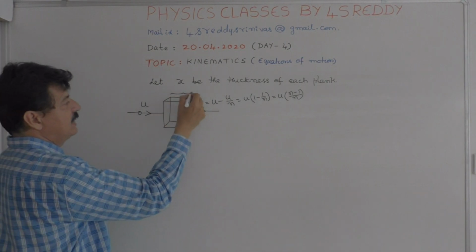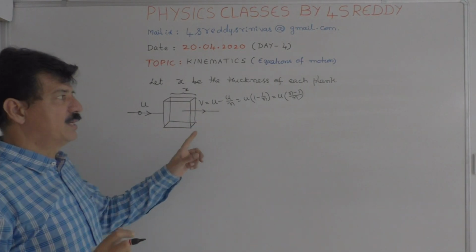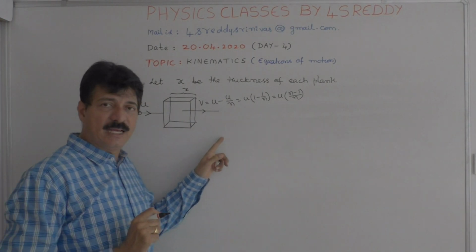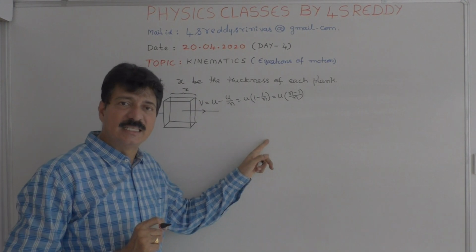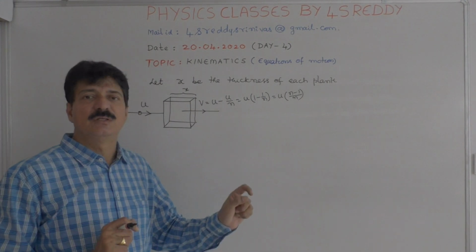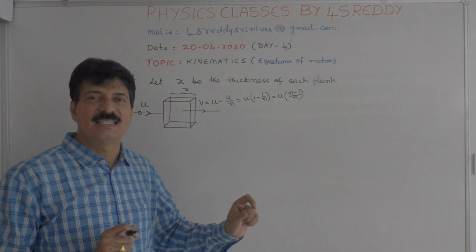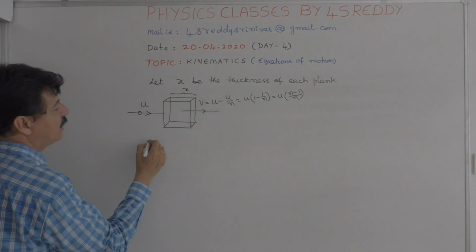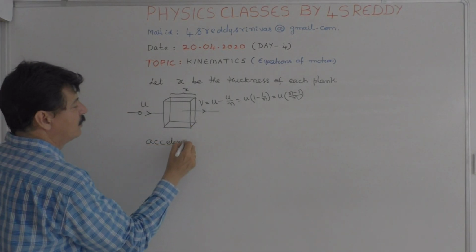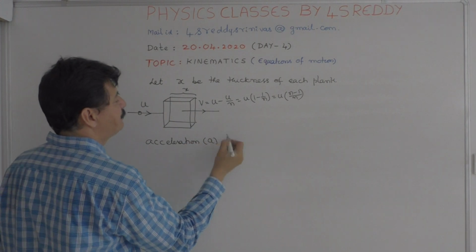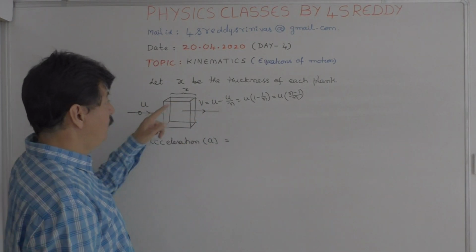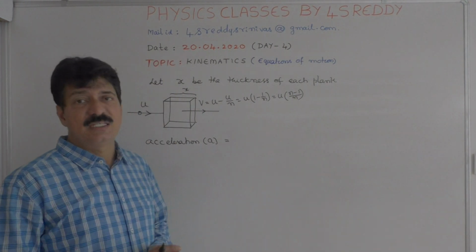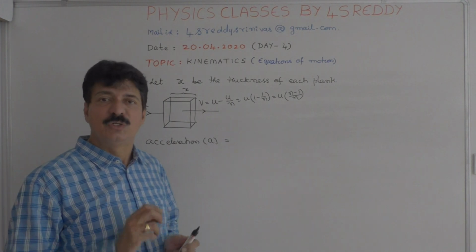Suppose this is having a thickness x. So, first of all, as the bullet passes through the planks, the velocity goes on decreasing. That means it should travel with uniform retardation or negative acceleration. Therefore, first of all, what is the acceleration? A can be given as, here you know v, u, s. So the final velocity in terms of distance is known, v square minus u square is equal to 2as.